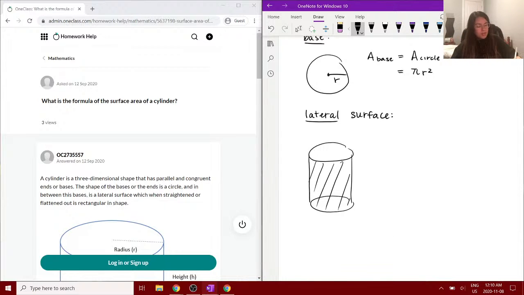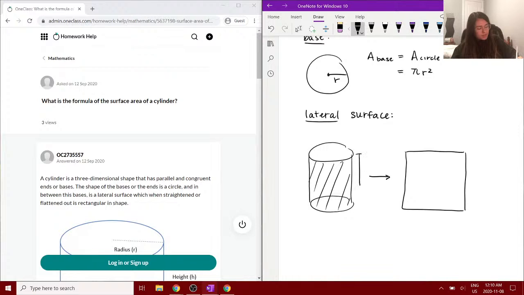So it's not including the top and the base, since we already did that. You can kind of imagine it. So this hollow tube, if we had, say, a toilet paper roll or a paper towel roll, and you sliced it down one side and you unrolled it, you would just have a large rectangle, okay?